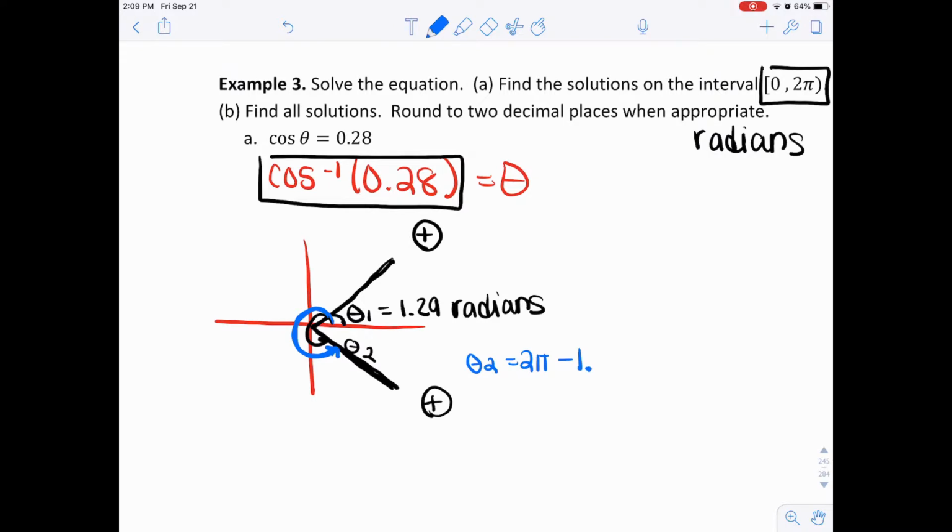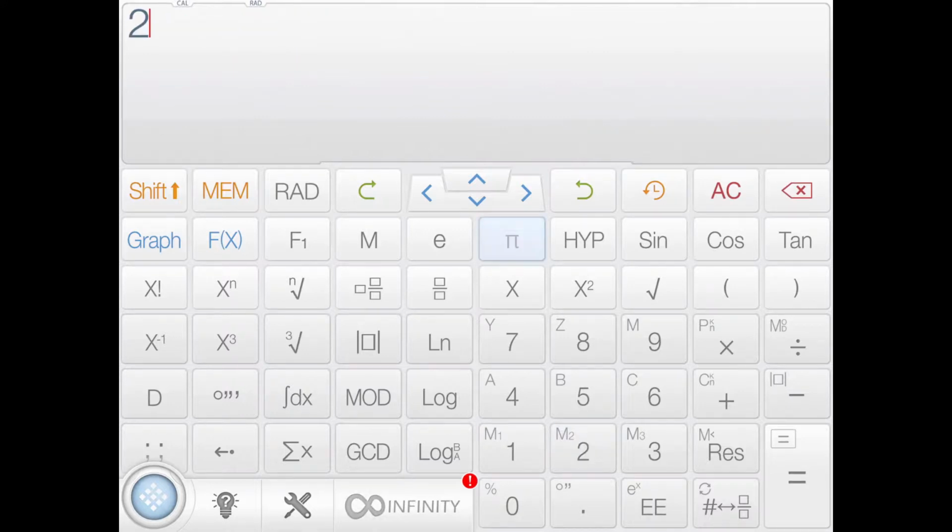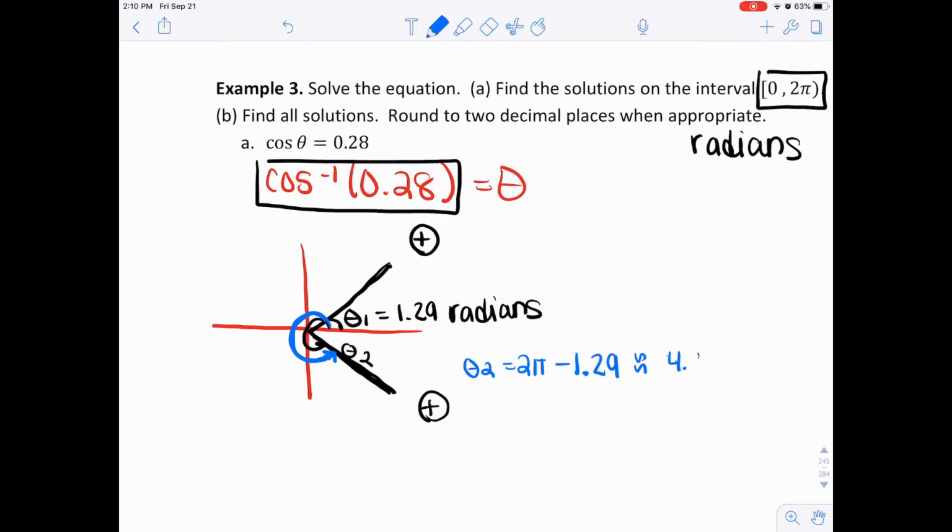And I'll plug this into the calculator to get the decimal approximation. I'll round this angle to 2 decimals as well, and so the second angle can be expressed as 4.99 radians.